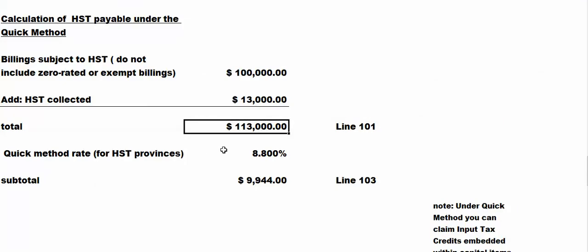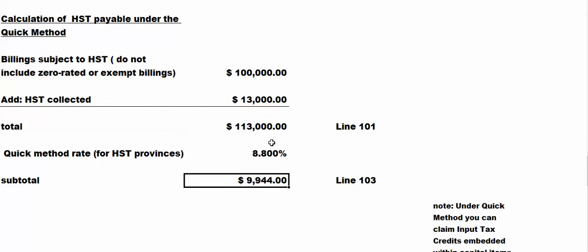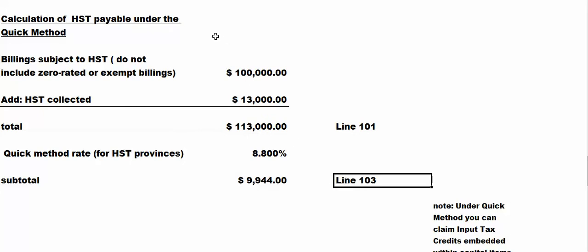Now back to our calculation of the HST under the quick method. The quick method rate for HST provinces is 8.8%. So you multiply the total on line 101 times 8.8%, and you get this figure. So we'll put that figure, 9944, on line 103. Back to the working copy again.